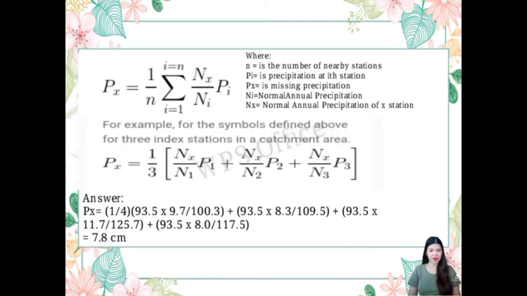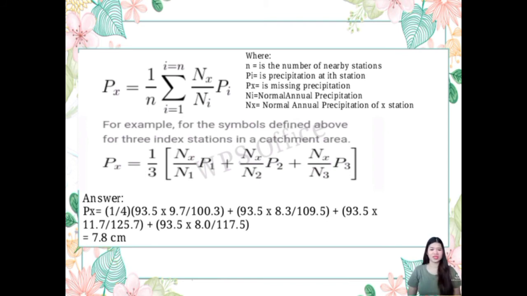Px is equal to 1 over n summation of nx over ni times pi, where n is the number of nearby stations, pi is precipitation at ith station, px is equal to missing precipitation, ni is the normal annual precipitation, and nx is for normal annual precipitation of missing station.